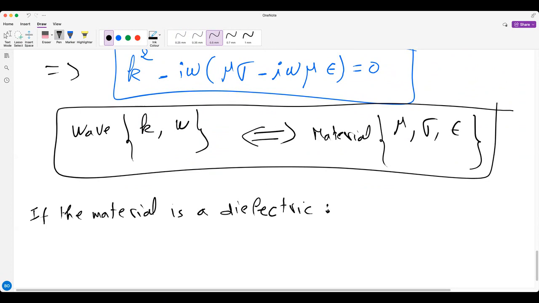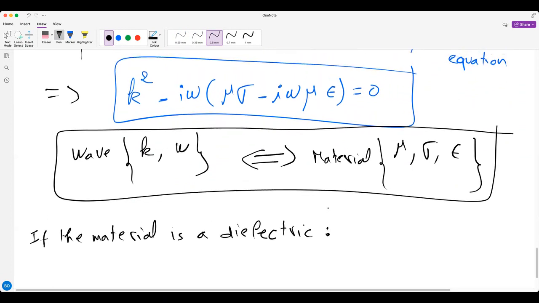What is the meaning of the material being a dielectric?